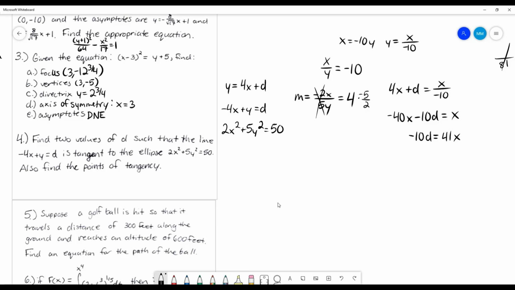Having a long day. Let's see. So I will just turn that into d equals this right now. Maybe. Or what did I do when I was doing this the first time?